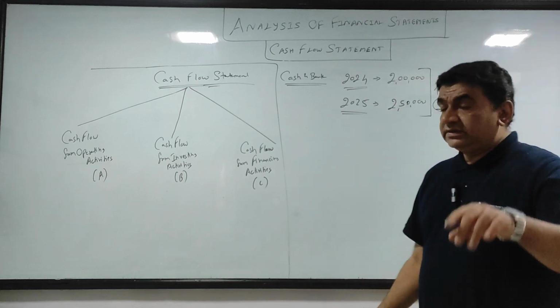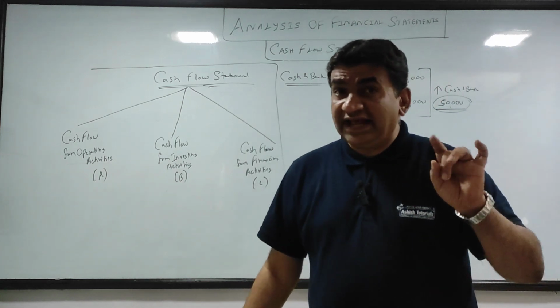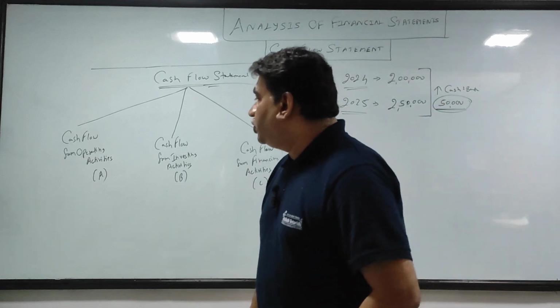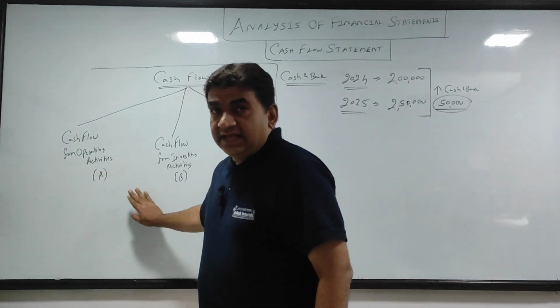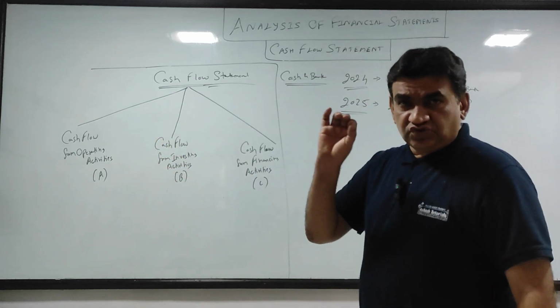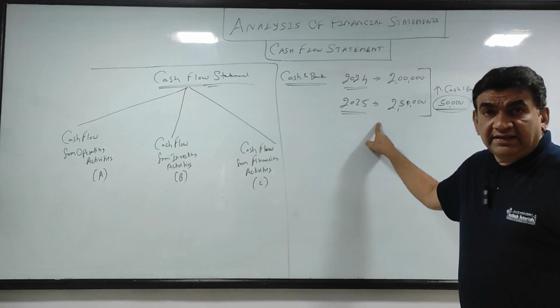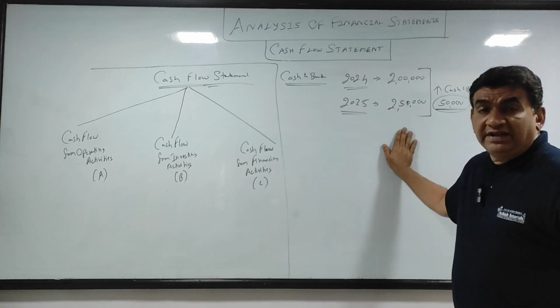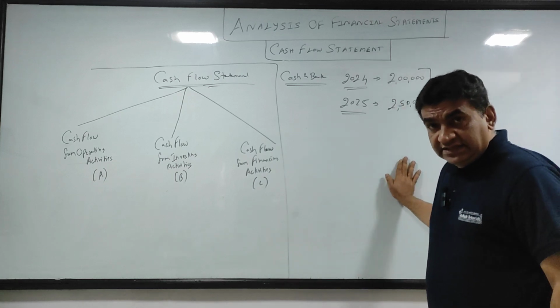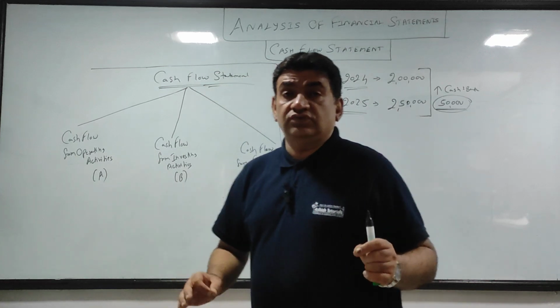Now, ये जो 50 है, one thing in mind, a nice way to cross check. Your answer of A plus B plus C has to be 50,000. So in short, last year का balance है 2 lakh, करंट ईयर में हुआ 250, 50,000 का इंक्रीज. सो द टोटल ऑफ ए, बी एंड सी हैज टू बी 50,000.